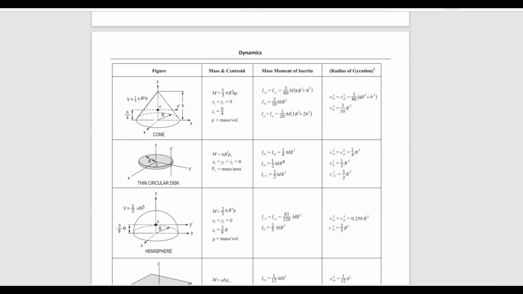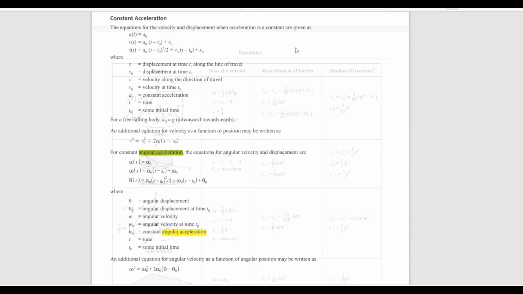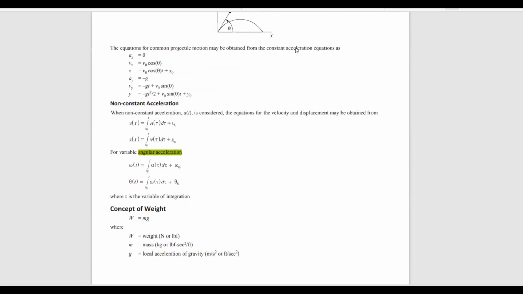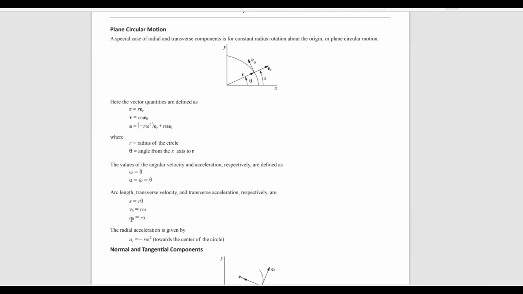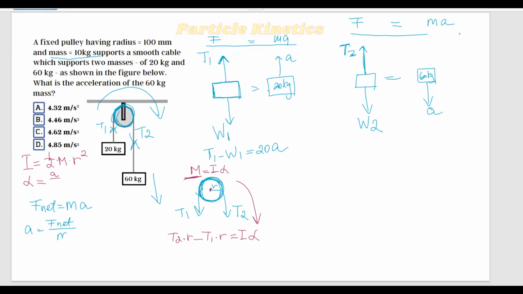Let's go in the handbook. I'll do a search for angular acceleration. Let's find the formula for alpha that is dependent upon acceleration. There you go, acceleration equals to r alpha, and alpha from this equation is going to be equal to acceleration over r. Acceleration over r.